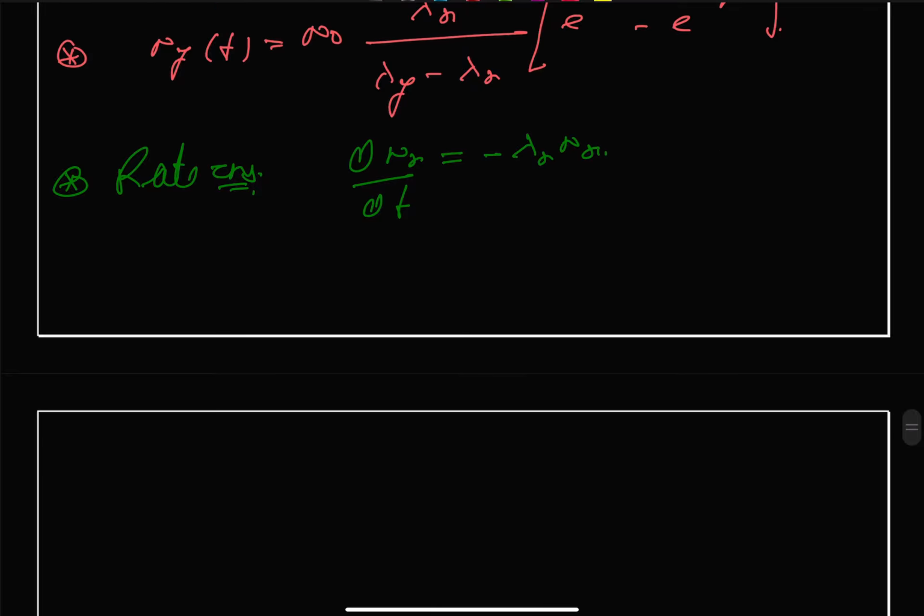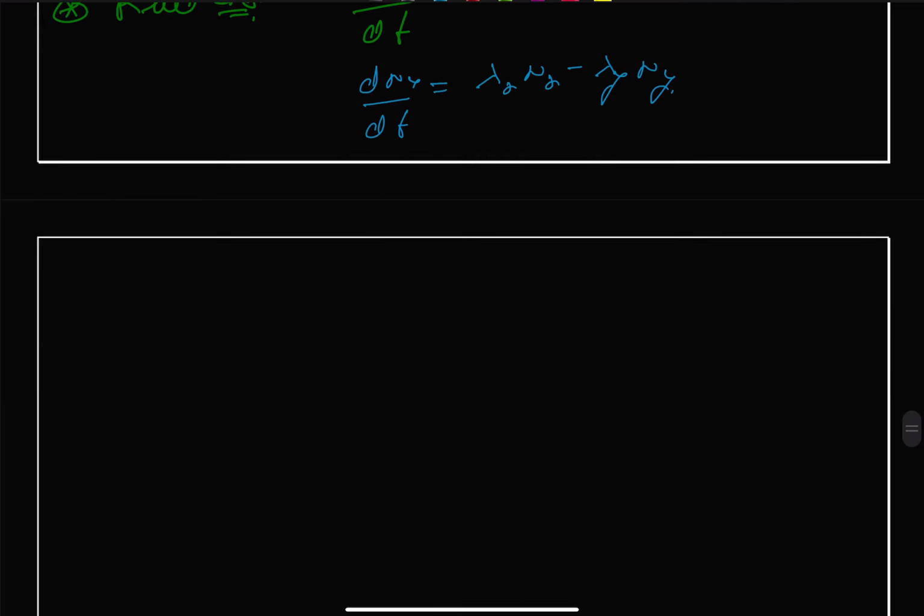Then we come to the derivative with respect to y and time t. This will give us lambda x n of x minus lambda y n of y, and finally we come to our z part. d of nz upon dt will be equal to lambda y n of y. So the rate equations were quite straightforward.